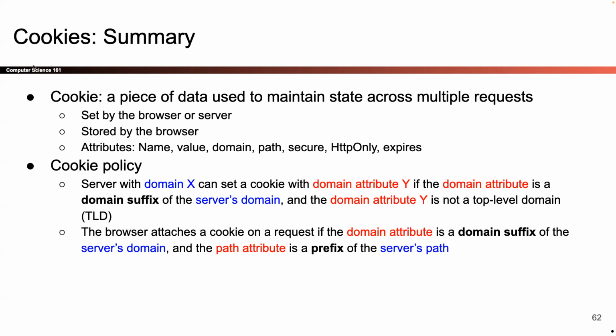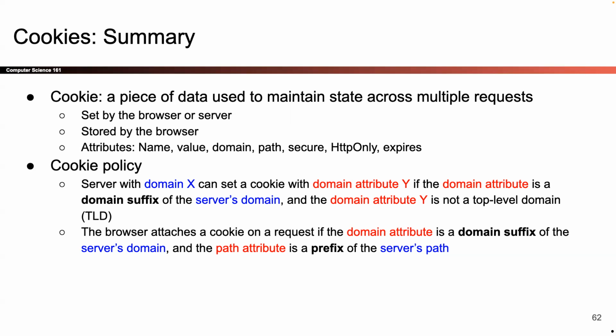We talked about these rules, and the important thing is really not the specific rules, to be honest, but why these rules exist. Anyone can just tell you these rules and you can write them down on your cheat sheet and memorize them. The important thing about these rules is that they're trying to stop attacks where cookies are allowed to affect unrelated domains. So I don't want evil.com to be able to set a cookie that affects google.com. I don't want evil.com to be able to change my dark mode settings everywhere or log me in on all sorts of different places.